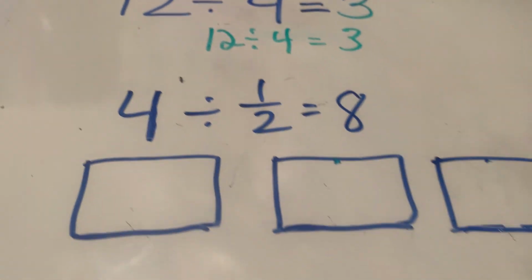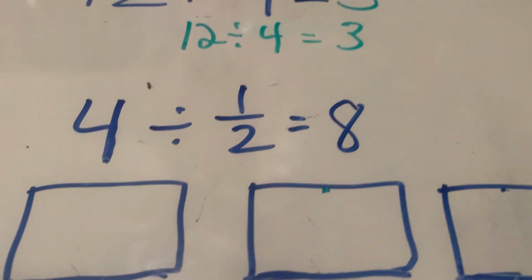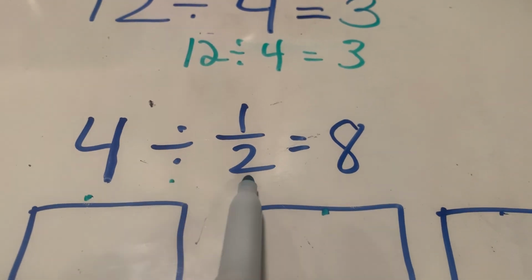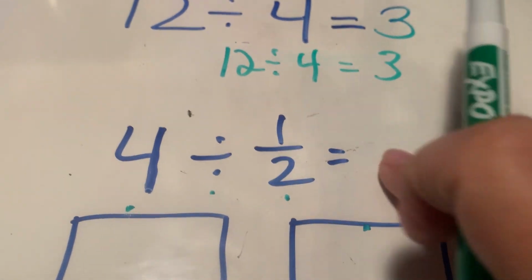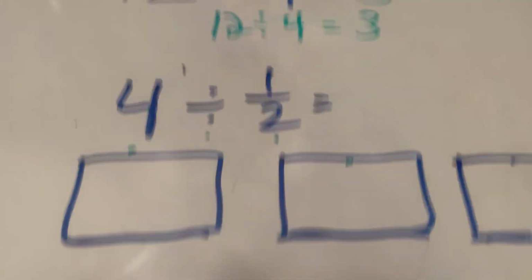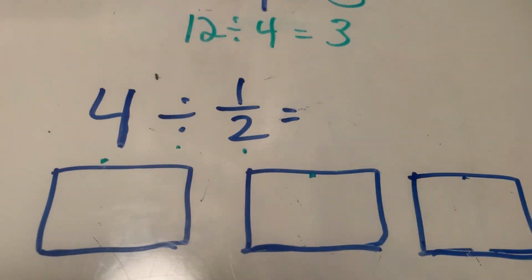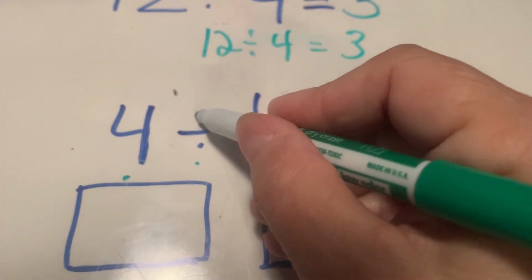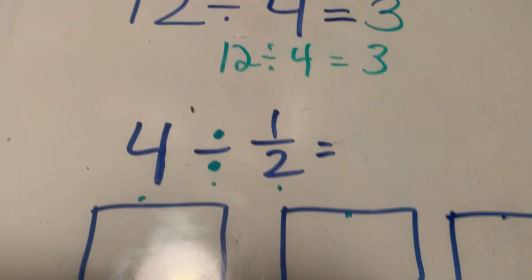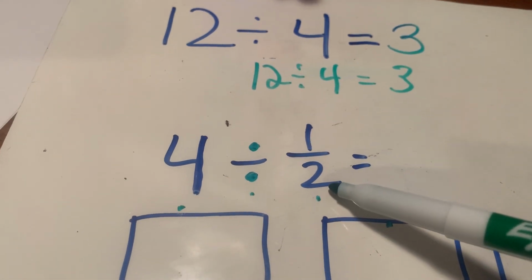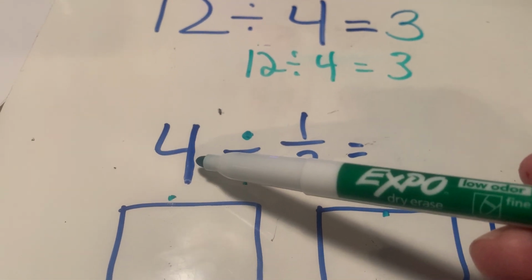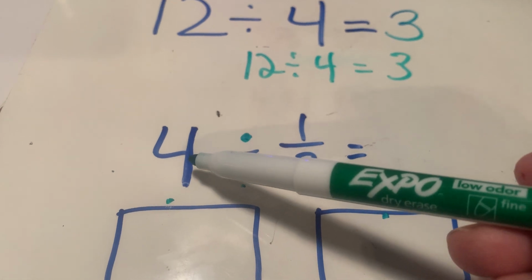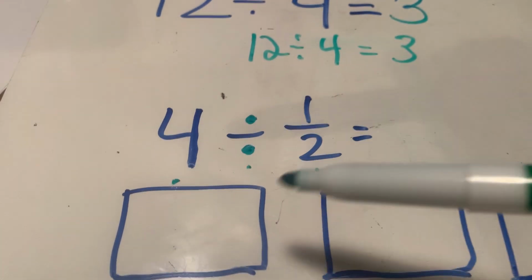I know this week you've already thought about how to take a whole number and divide it by a fraction. In this case, we're thinking about 4 divided by 1/2. Again, we can think about it two ways. How many halves are in 4? Or we could take 4 wholes and divide them in half.